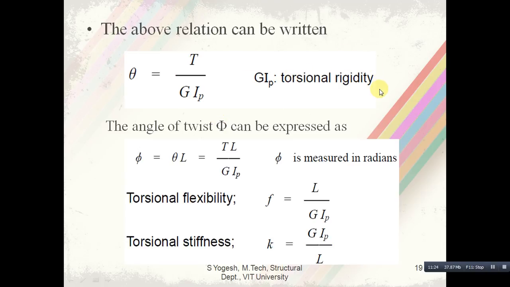The angle of twist can be expressed as phi equal to theta L, that is T L by G Ip, where this phi is measured in radians. For torsional flexibility, f is equal to L by G Ip, and torsional stiffness k equal to G Ip by L.